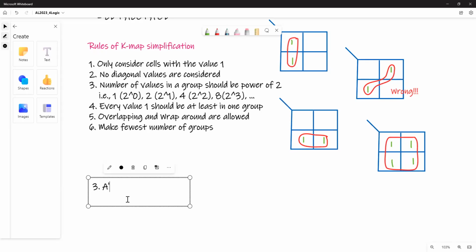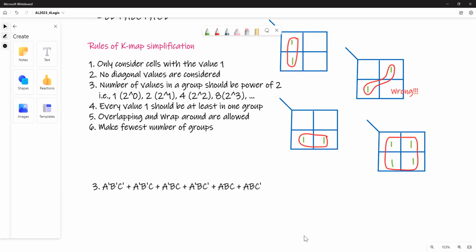Let's say we have A bar B bar C bar plus A bar B bar C plus A bar B C plus A bar B C bar plus A B C plus A B C bar. Right? Try this.